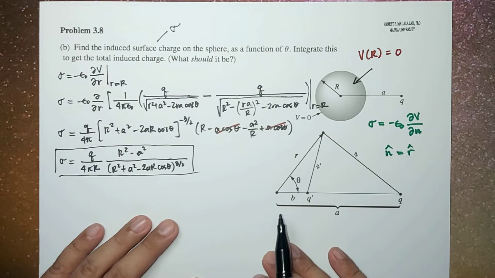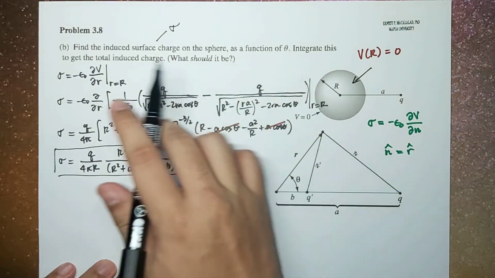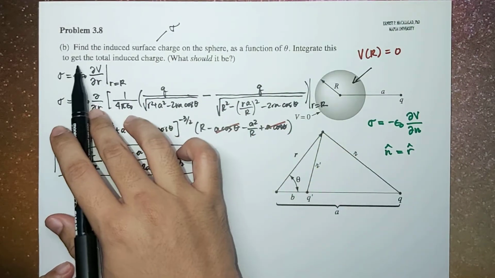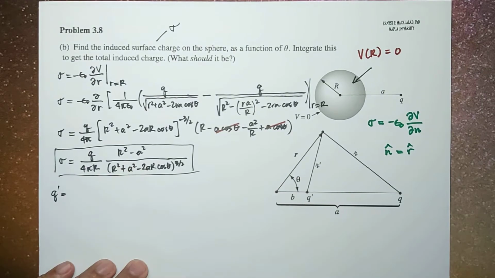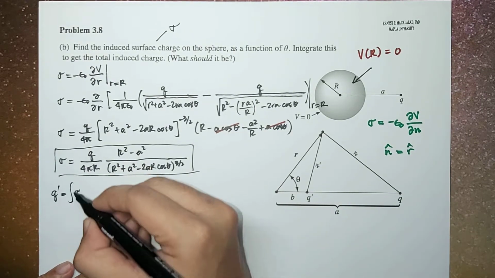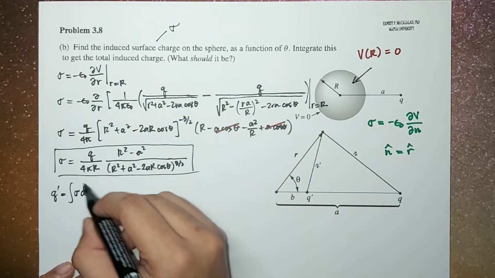Okay, very simple, right? Very direct calculations. Now, what happens if we're going to integrate this to get the induced charge? So this induced charge q prime is just the integral of the surface charge density dA. So this is a surface integral.